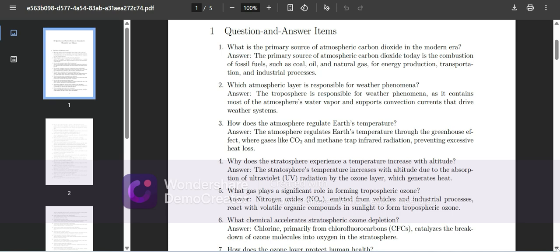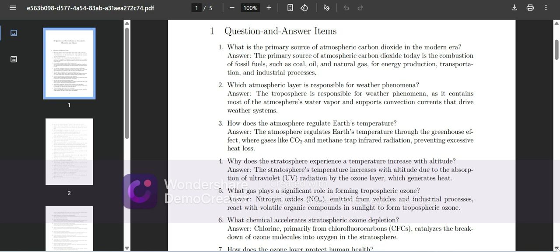What is the primary source of atmospheric carbon dioxide in the modern era? The primary source of atmospheric carbon dioxide today is the combustion of fossil fuels such as coal, oil, and natural gas for energy production, transportation, and industrial processes.